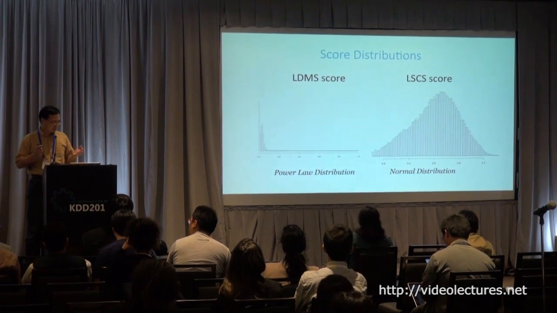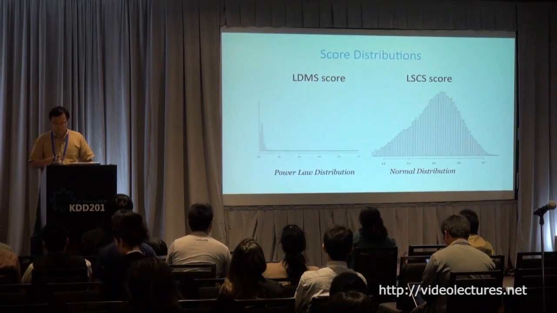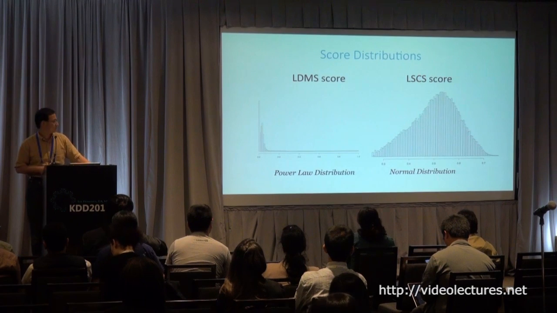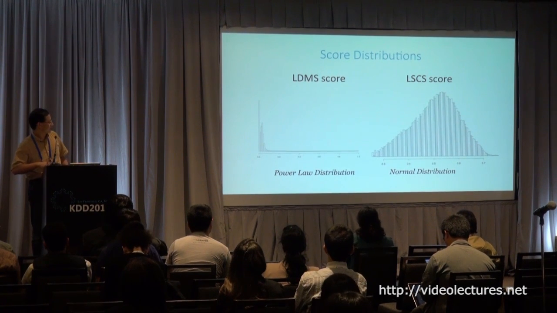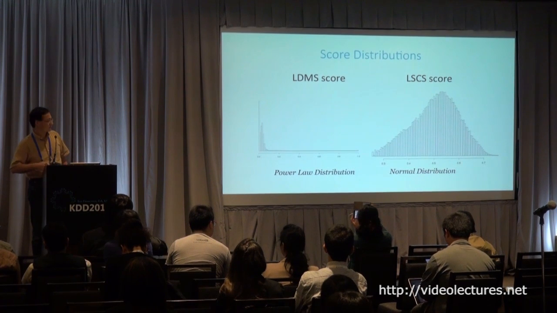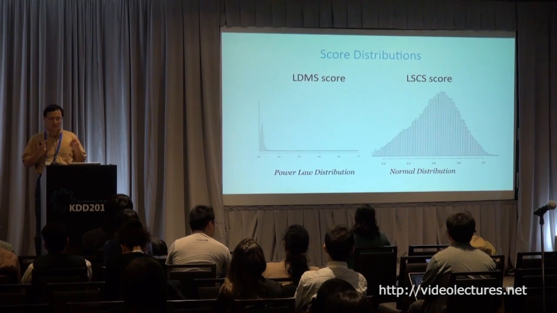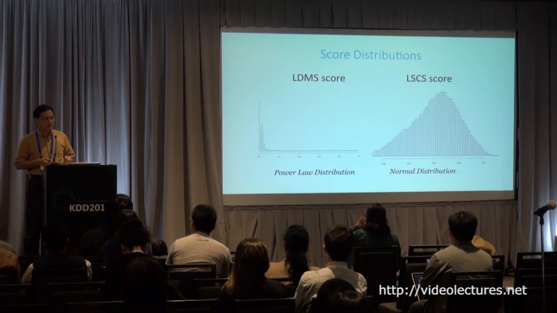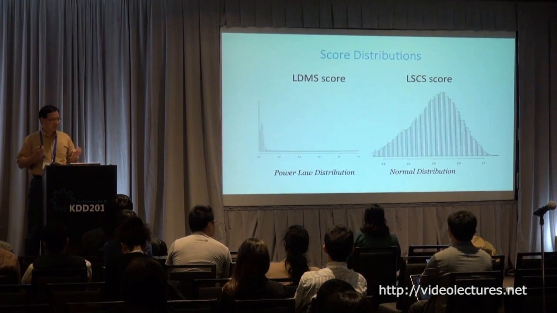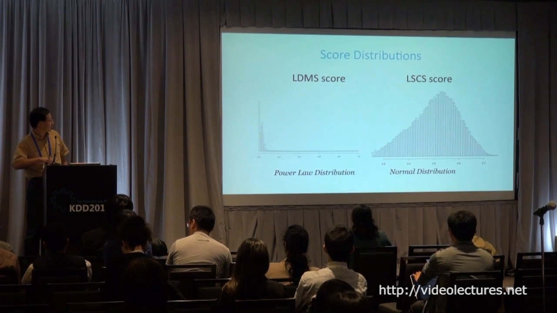This is one thing: we're just trying to plot the score to see how the score looks. I don't want to give the scale, but this is basically for the decision maker score. Most people are pretty low. Most people on LinkedIn are not decision makers per se; they are regular members. There are a few people on the other side here.